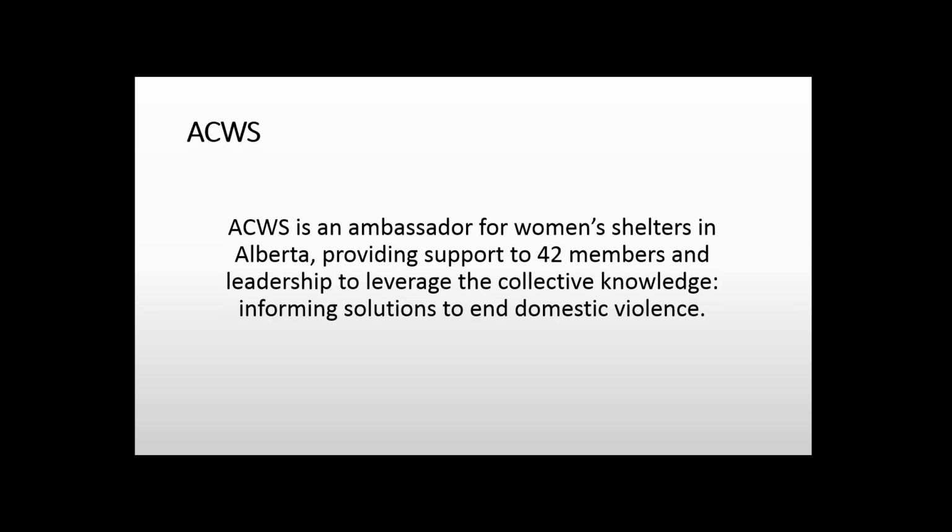To start, I just want to give a bit of background about ACWS. We have a lot of new staff who are new administrators, and we just want to give a bit of background about what our role is in terms of Outcome Tracker and the network of shelters working in the province. ACWS is an umbrella organization.